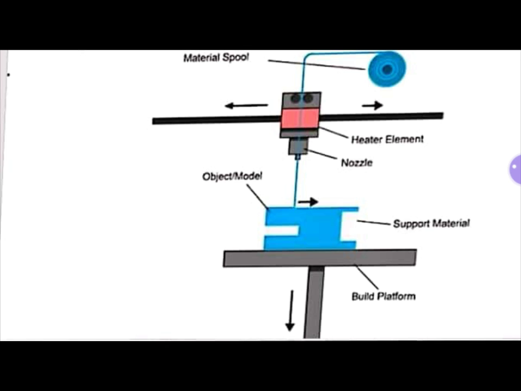So the nozzle which is present here can be moved in two different axes, that is the x axis and y axis.